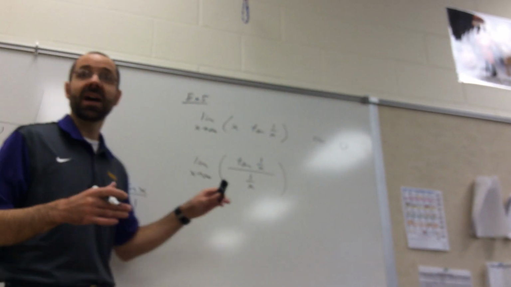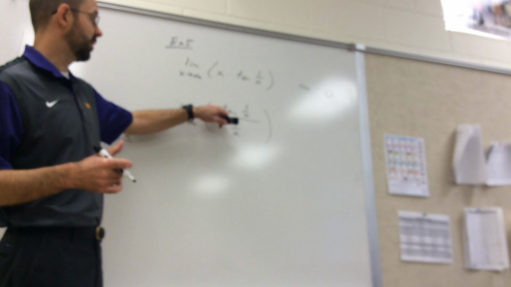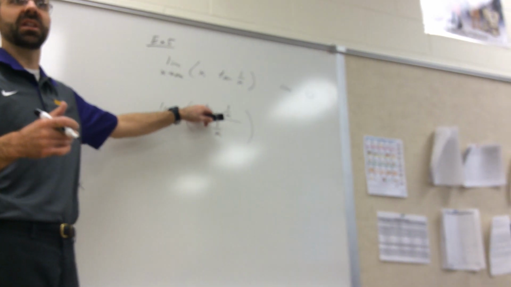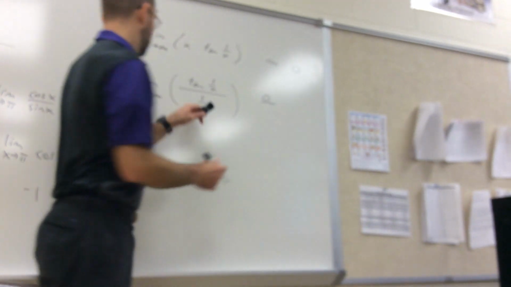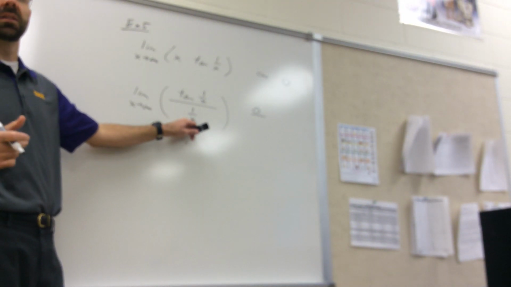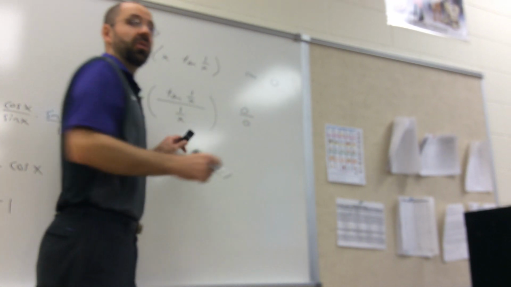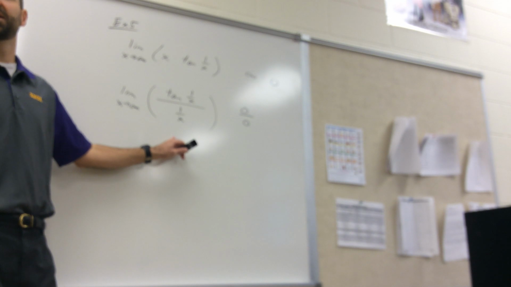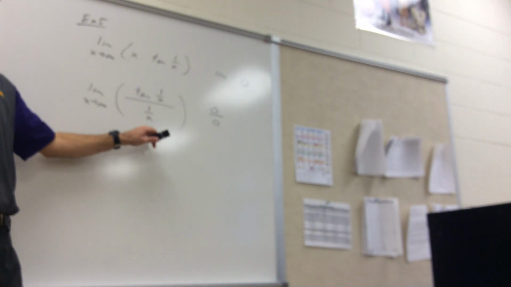Okay, so the reason I did that is now we've got 0. We already did tangent of 1 over x, and we said that was getting close to 0. And then 1 divided by a really big number is getting close to 0. So if we reframe the question like that, then we're getting 0 over 0. And that's good because then L'Hopital's rule applies.